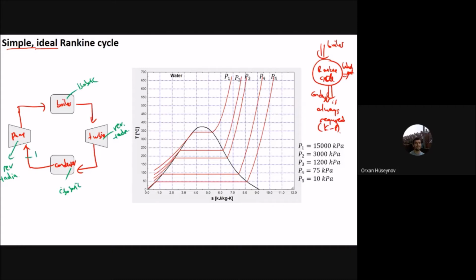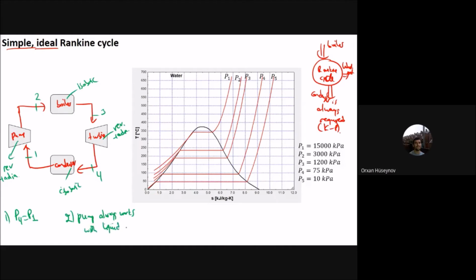This one is state 1, this one is 2, and then 3 and 4. From 4 to 1, pressure is the same: P4 is the same as P1. This is the first thing. The second thing is that the pump always works with water, with liquid.